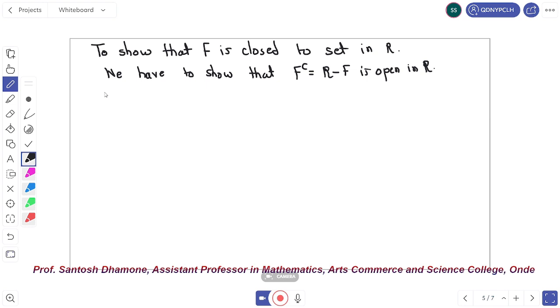We know that this open ball in R is an open interval, (p minus r, p plus r).